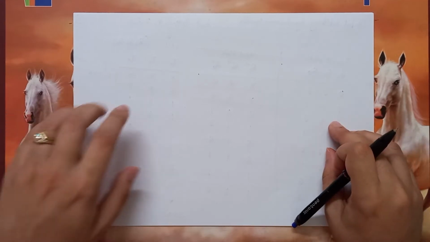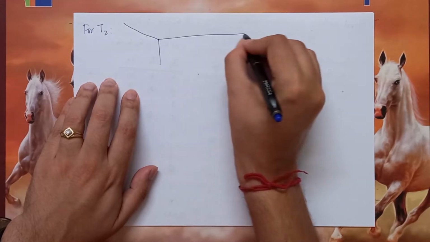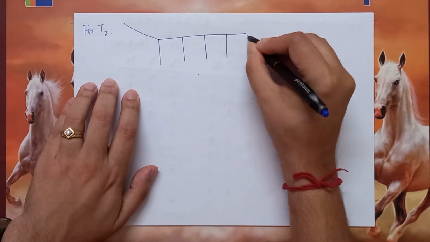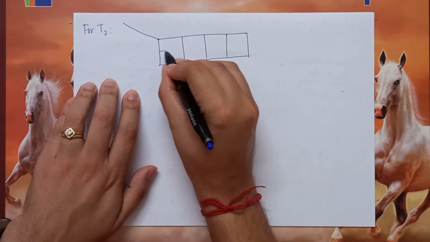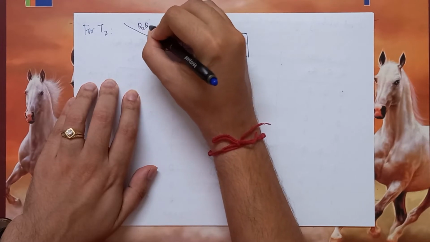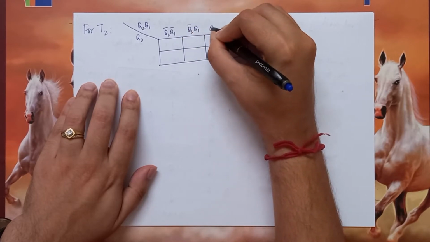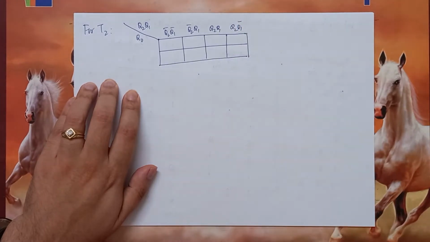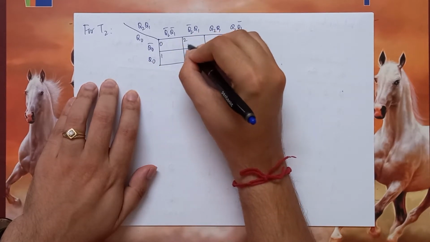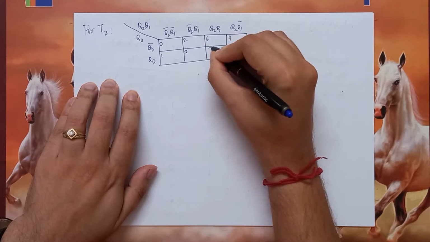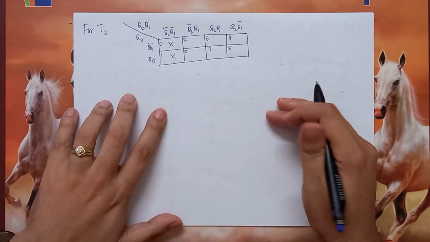So let's say for T2, let's construct the Kmap. 0 and 1 are don't cares, and the rest of the minterms are at 2, 3, 4 and 5.